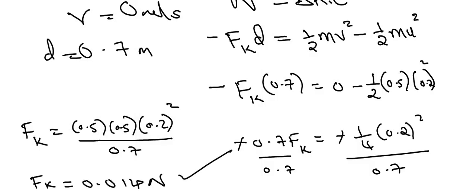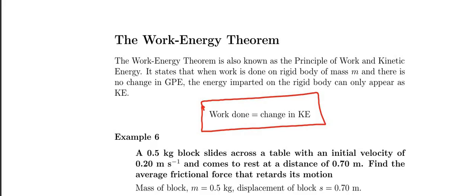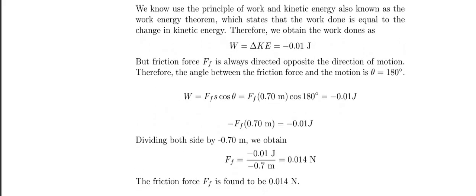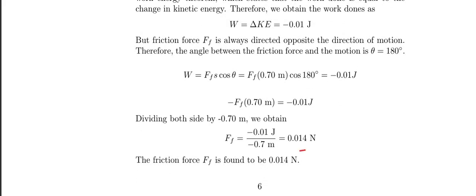So this is the force that we're actually interested in, something close to that. That should be our answer. You notice the answer is the same however we do it. This is how we're supposed to do such a question.